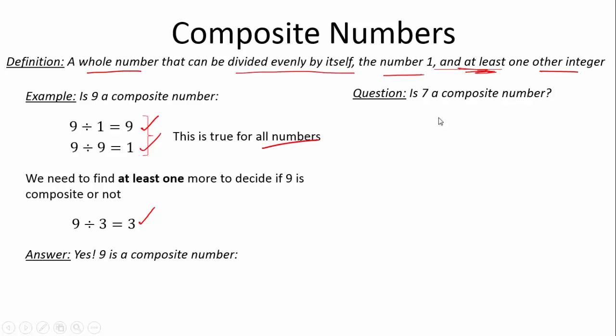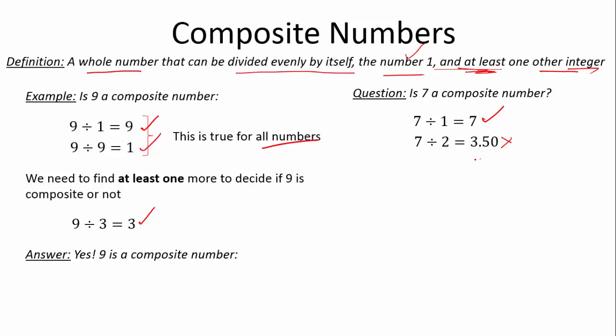So is 7 a composite number, right? So 7 divided by 1, yeah, it ticks this one, we divide it by 1. But now we need to find another one. It's because we know that 7 divided by 7 will give us 1, so we know there's at least 2. We need at least one more. We can only look for integers. So let's do 7 divided by 2 is 3.5.